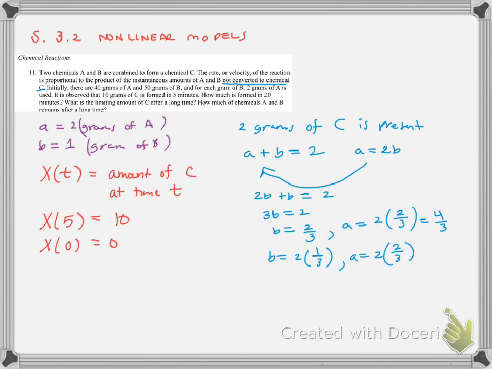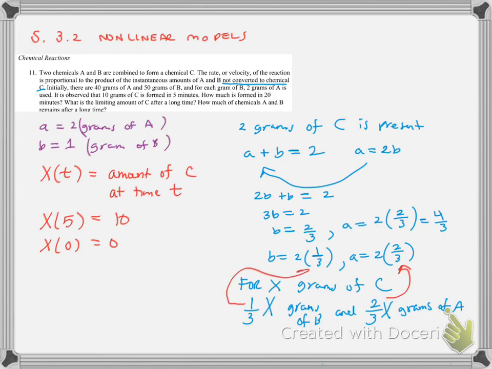And so what we have here, if we look at this, for X grams of C, well, in this case, our X grams of C is 2, but in general, for X grams of C, we must use 1/3 X grams of B and 2/3 X grams of A. All right, and I just got that from looking here and looking there. So this is for a specific example.